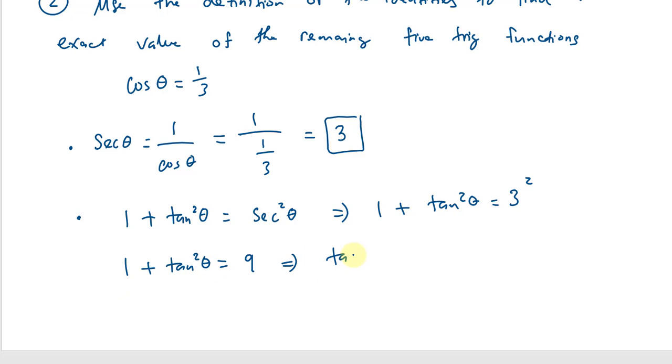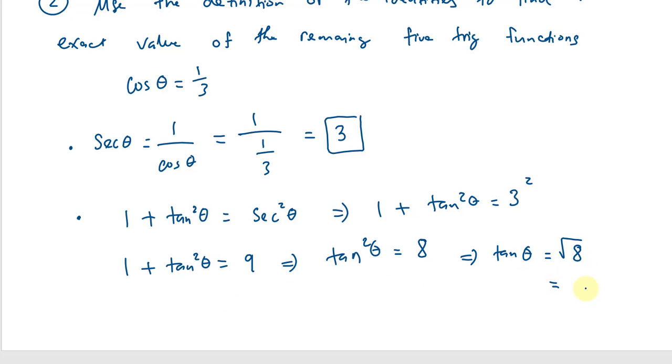Therefore, you can subtract 1 on both sides. Tangent squared equals 9 minus 1, that's 8. And you can find tangent by taking the square root on both sides. So the square root of 8. And you can leave your answer like this, it's fine. Or you can simplify the radical further.